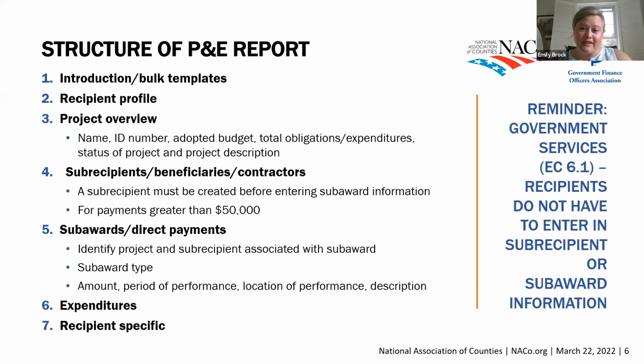If they have a sam.gov registration, it certainly makes that number 4 part easier in submitting information in your project and expenditure report. So just a quick FYI and an easy thing to do on the front end, just to make sure that April 30th date is a little bit easier.